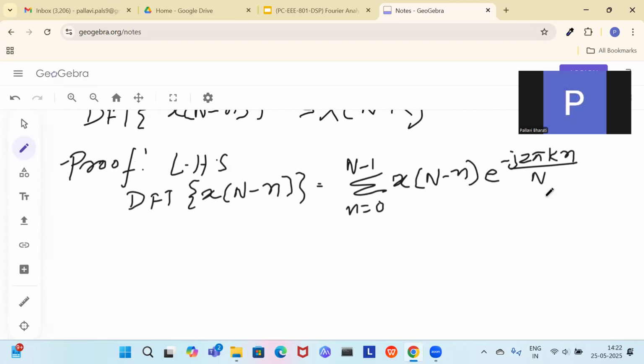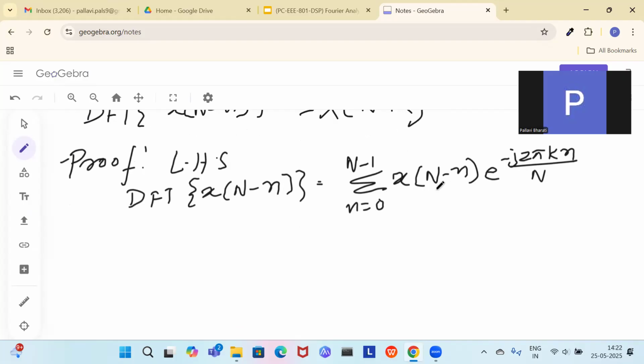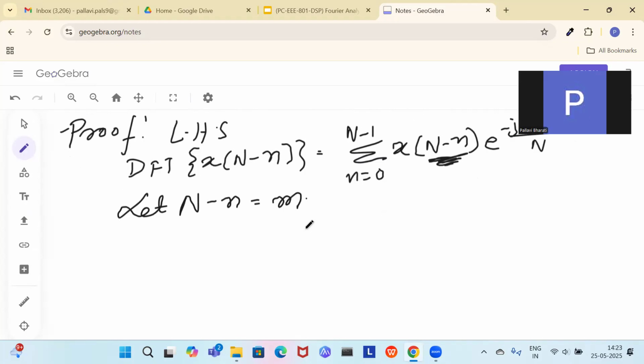Now, as we used the substitution in time shift, in the same way here you need to substitute with something else. So let capital N minus n be equal to m. Fine. Now this full DFT will change as x of m, e to the power minus j 2 pi k, and in the place of small n, you are going to write what?